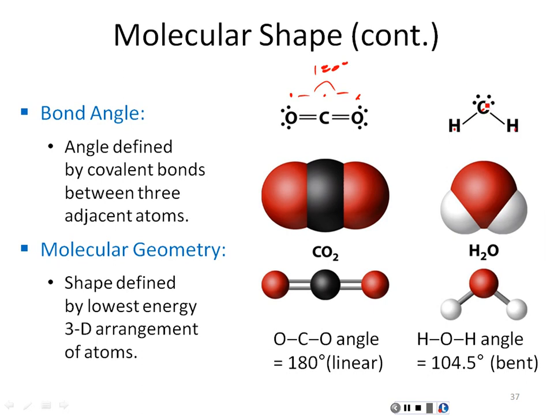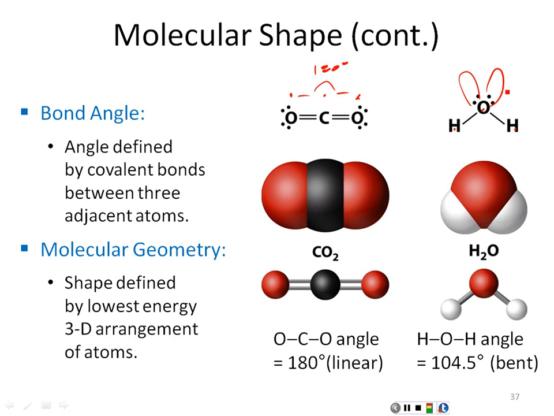In water, the bond angle, again, is between the hydrogen, oxygen, and hydrogen, and because of these lone pairs, which we'll talk about, the bond angle is much less than 180 degrees. It's actually 104.5 degrees.